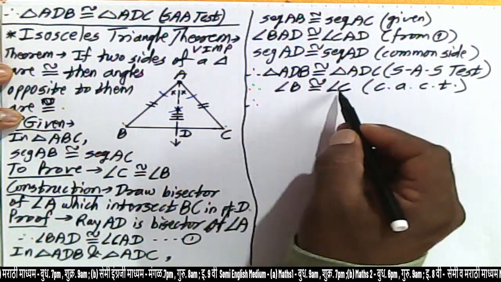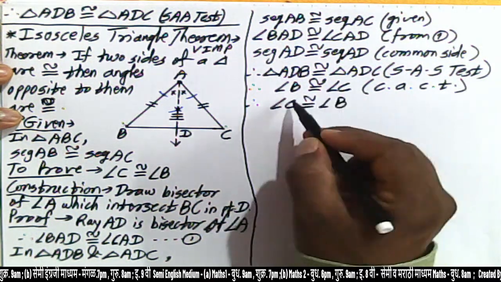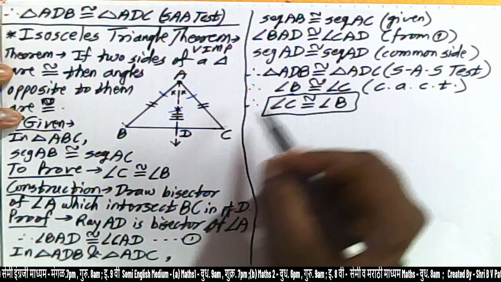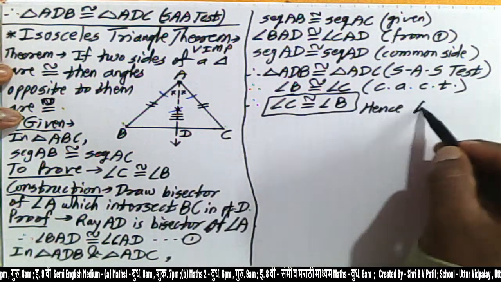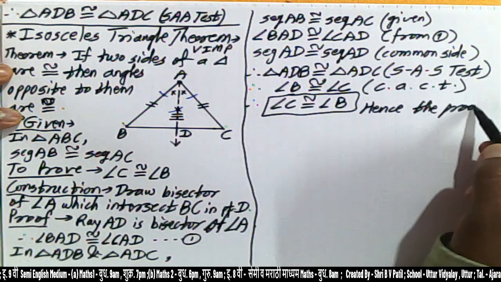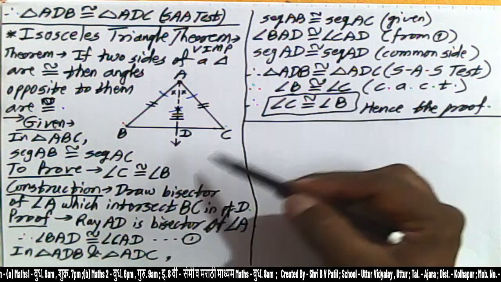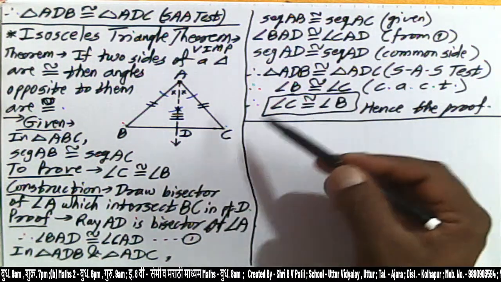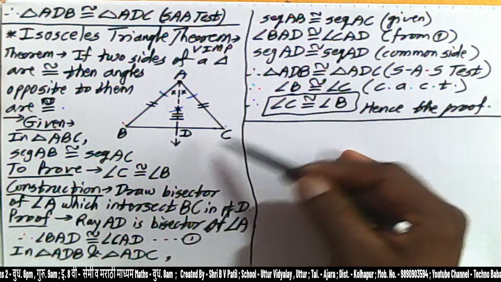Therefore, we write in reverse order, that is angle C congruent angle B, and that is to prove, hence proved. This is an important theorem asked in the exam. परीक्षेमध्ये हा नेहमी विचारतात. 10वीला देखील हा महत्वाचा आहे.